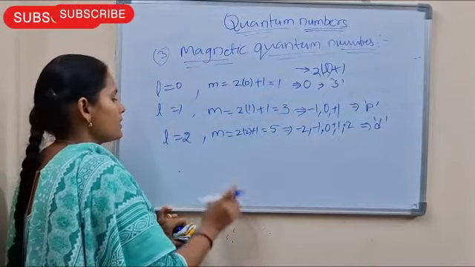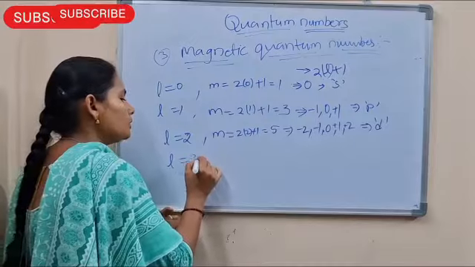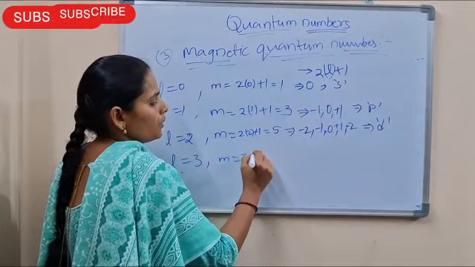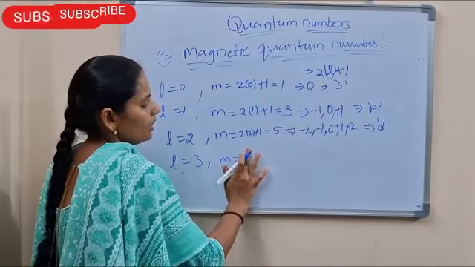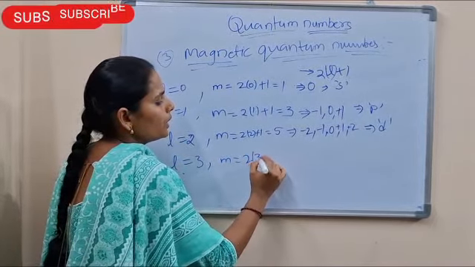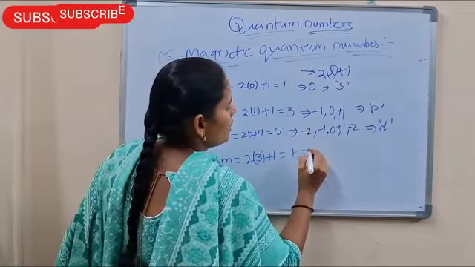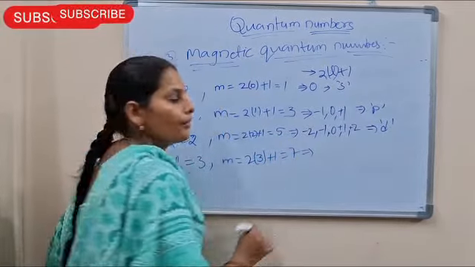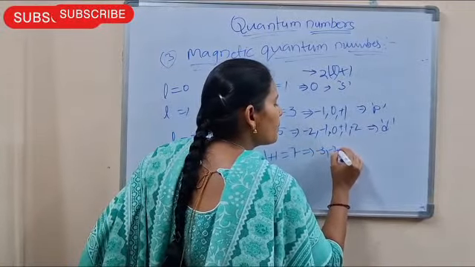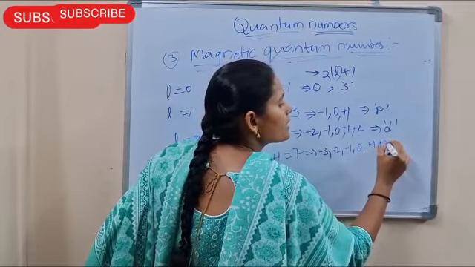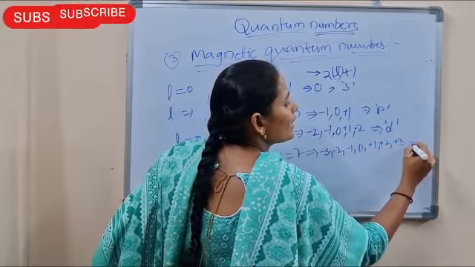Next, if l equals 3, then m equals 2 into 3 plus 1, that equals 7. Here the values of m are minus 3, minus 2, minus 1, 0, plus 1, plus 2 and plus 3.